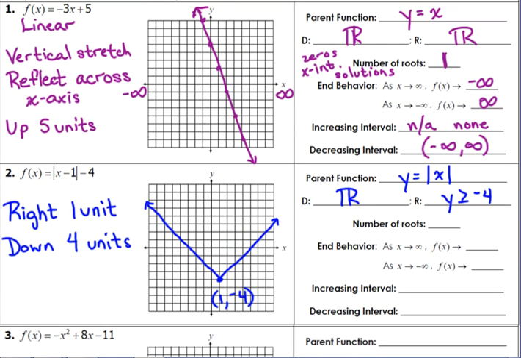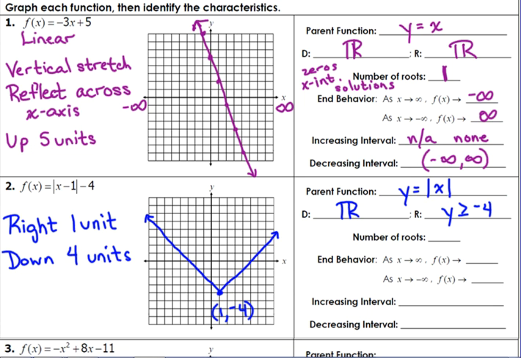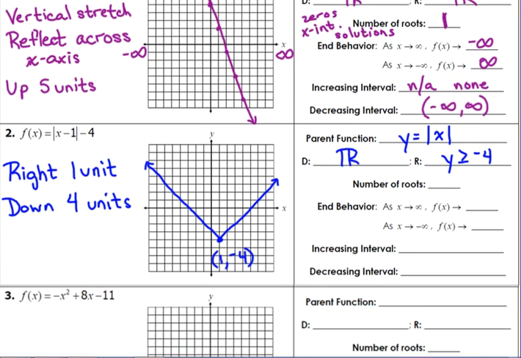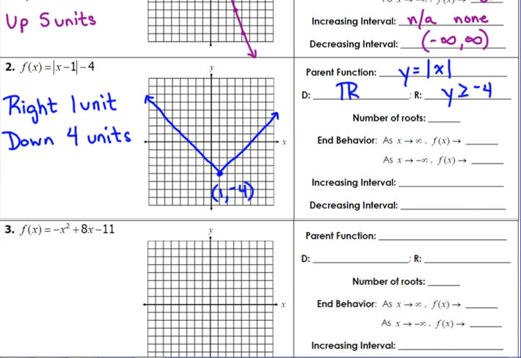On number 1, there was no minimum or maximum. The ends just continued on forever. There was no peak or valley. But in number 2, we do see a minimum there. So we know that it is restricted. If it's a minimum, all your y values are greater than that number. And in this case, greater than or equal to, because we can equal negative 4.